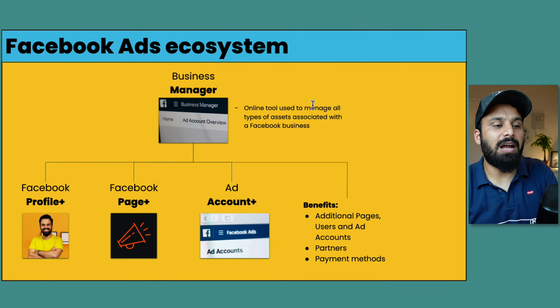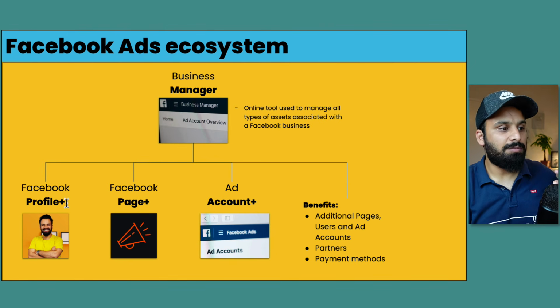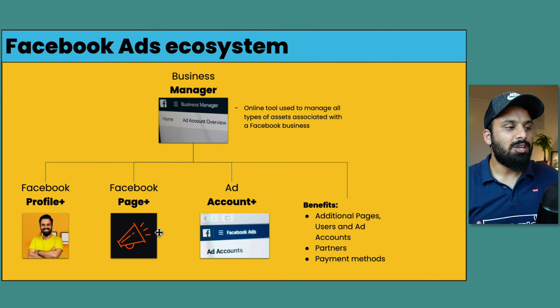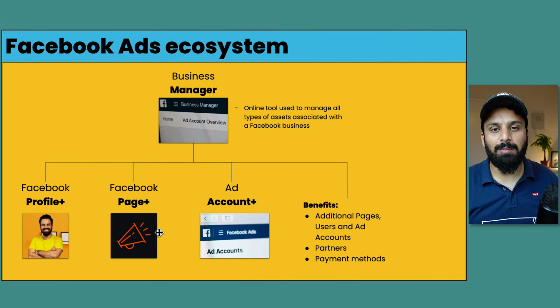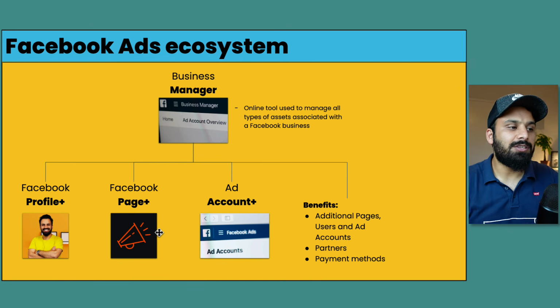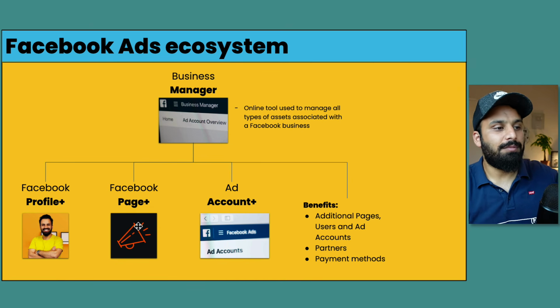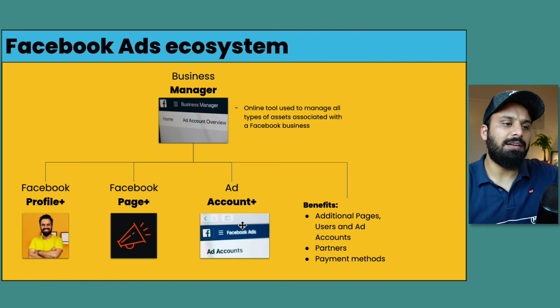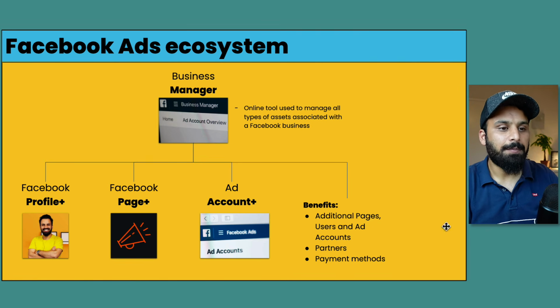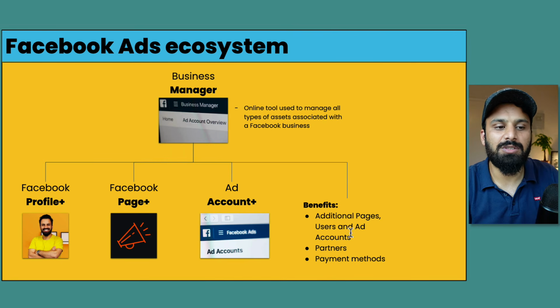A business manager account can host multiple profiles, in our case like different employees, right? So whenever a new employee joins, you ask them for their Facebook ID, and you add them as a person to the business manager. You have Facebook pages of your clients and different ad accounts which you created, they created, whatever. And then you have additional pages, users and ad accounts.